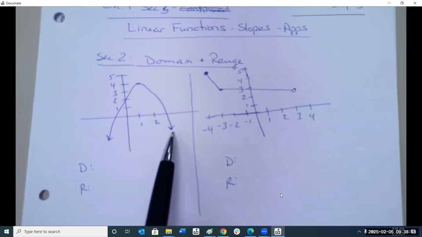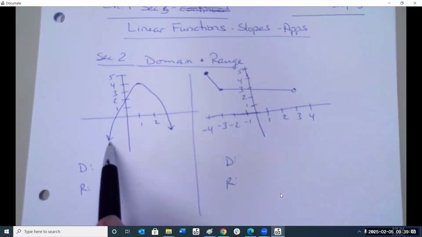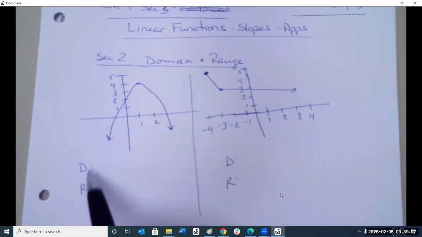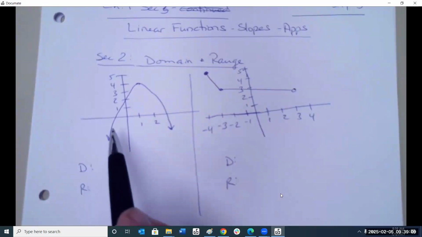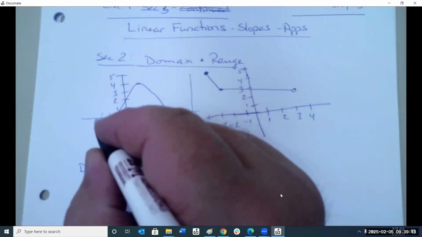Notice the arrows here. It goes on forever. It keeps on getting bigger. So what x values can I use? Where is this one going? Negative. Negative what? It's going to negative, yeah. But what are my x values there? Here are the x values.